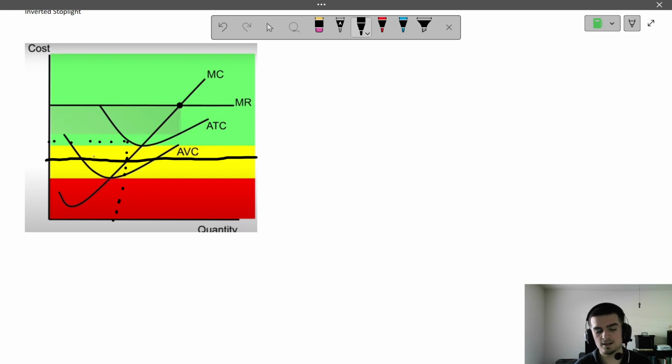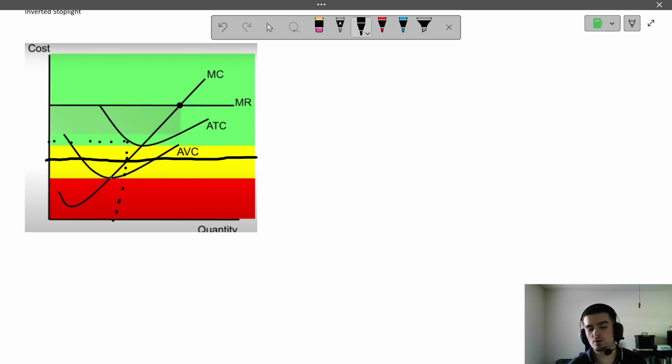Well, we're making a loss. But see how we're not below our average variable costs? So as long as we're not below our average variable costs, we are making more than what our fixed costs are costing us. So a firm will stay in production if they are above average variable cost.